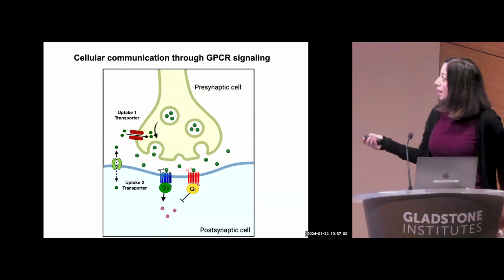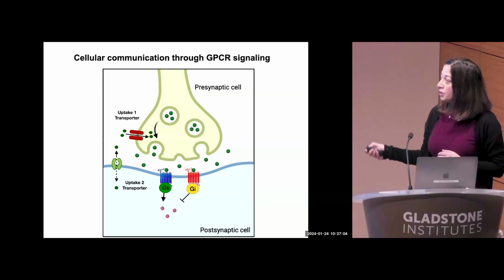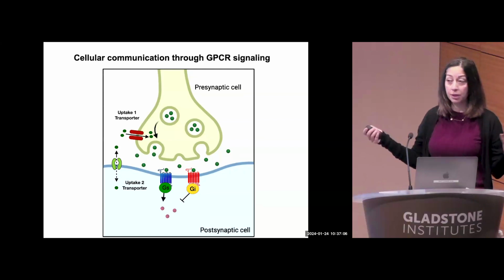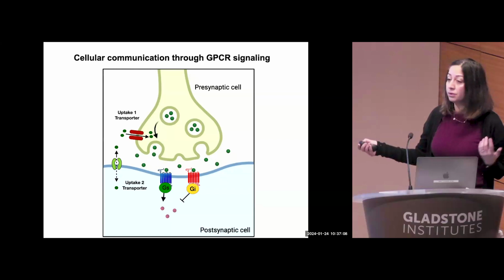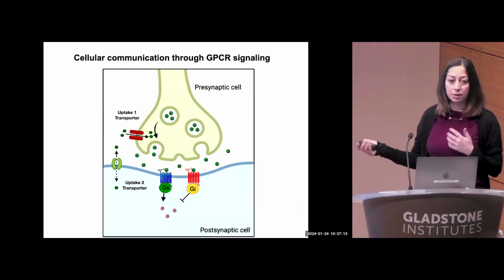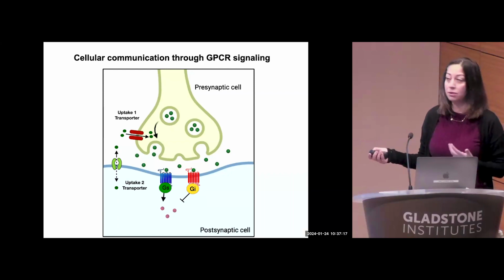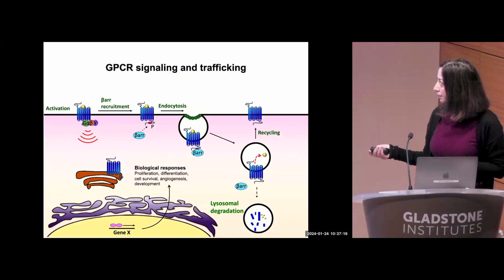This signal is rapidly terminated by the uptake of transporters that are expressed in nearby tissues, including the presynaptic neuron or the same postsynaptic cells, and I will be focusing more on some of these transporters that have other regulatory functions in regulating these responses.